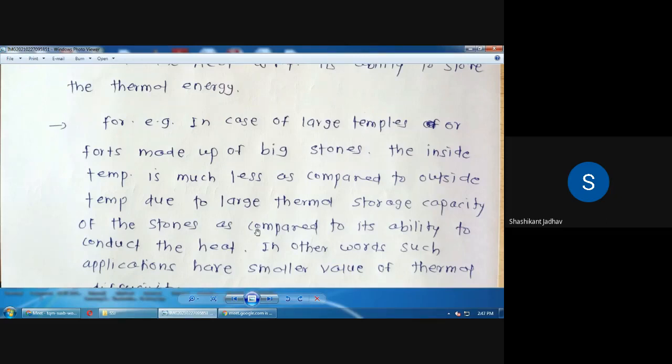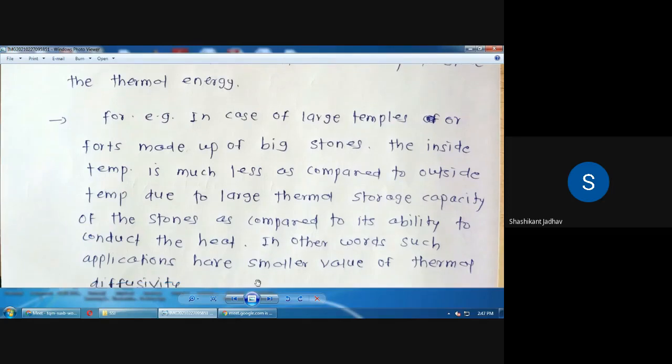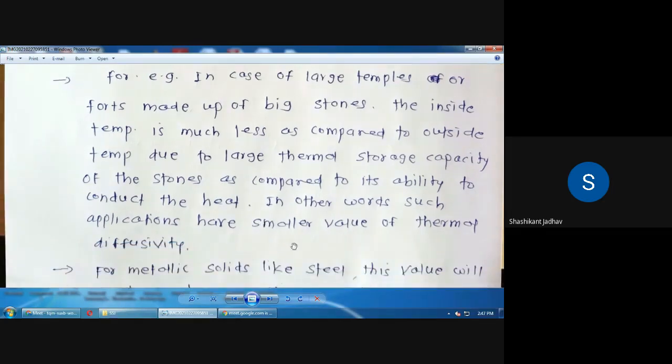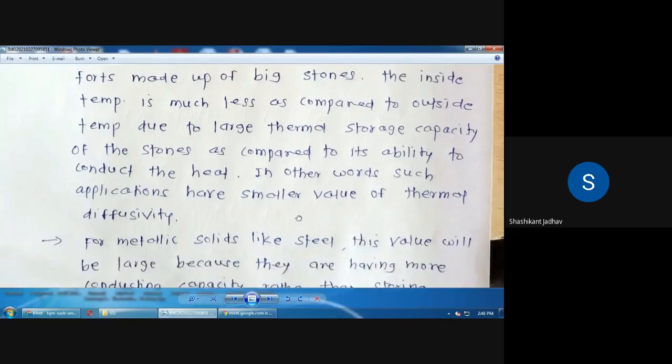In other words, such applications have smaller value of thermal diffusivity. ज्या वेळेला स्मॉलर व्हॅल्यू असणार आहे अल्फाची, म्हणजे के ची व्हॅल्यू काय असणार आहे? कमी असणार आहे. आणि थर्मल कॅपॅसिटी काय असणार आहे? जास्त असणार आहे. म्हणजे हीट कंडक्शन कमी होणार आहे ॲज कम्पेअर टू स्टोरेज. ओके, so this is the example for when the value of thermal diffusivity is less.